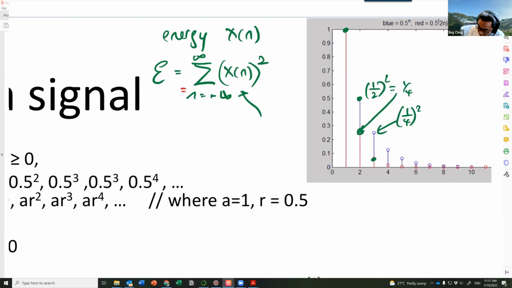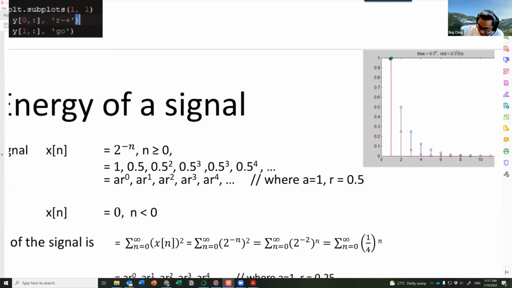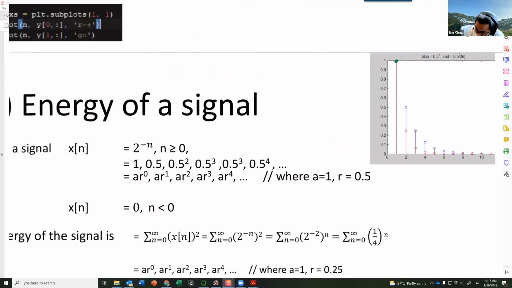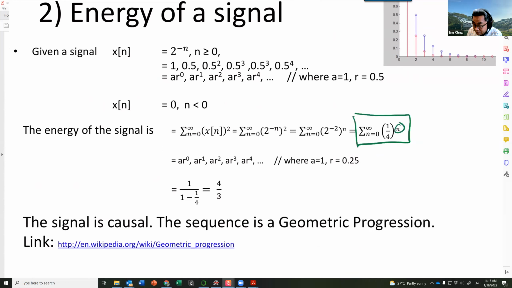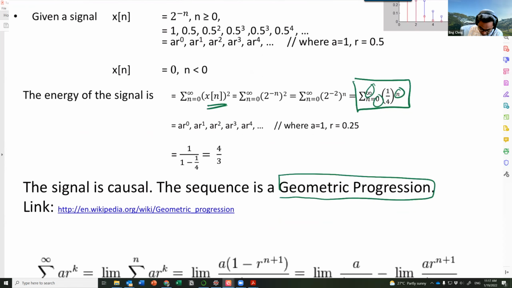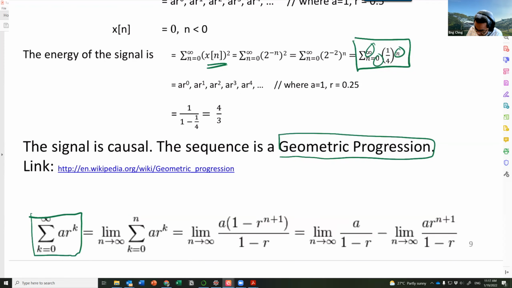So now you see that to answer this question, I have to generate the original sequence, then square the sequence, and then sum it. What you realize is that I am summing (1/4) to the power of n for n equals 0 to infinity to get the energy. Now, this expression will be familiar to you. This is the geometric progression. You remember the equation: this expression reduces to this guy if r is less than 1.